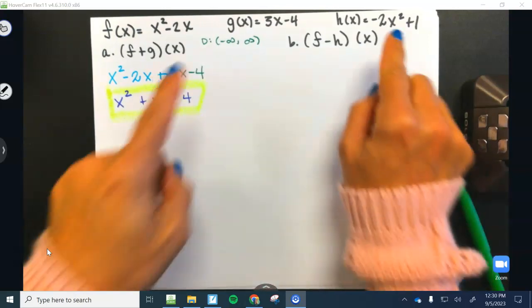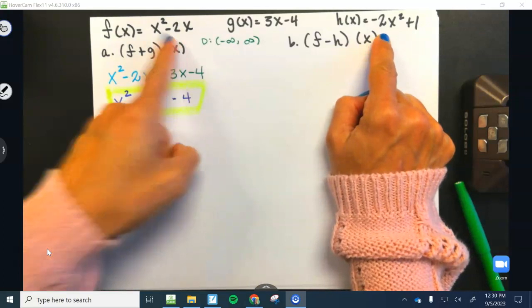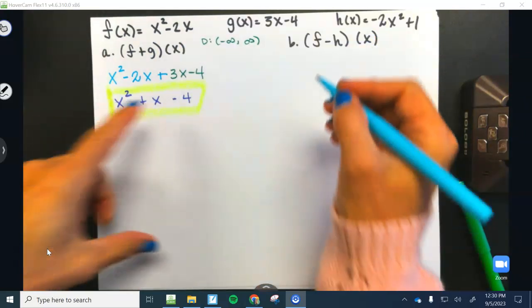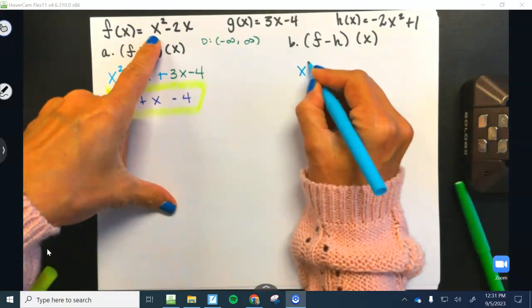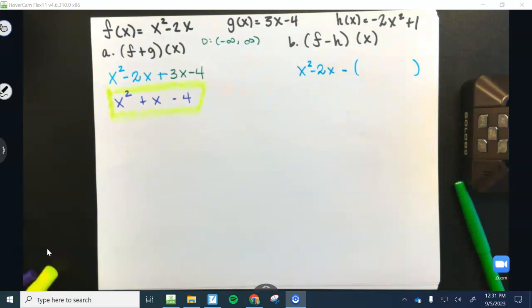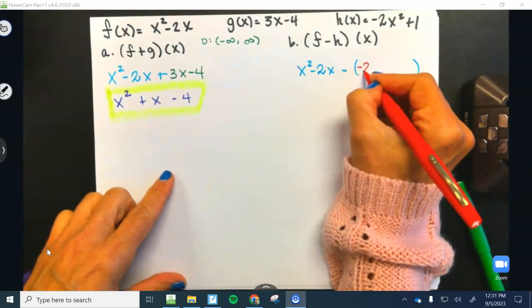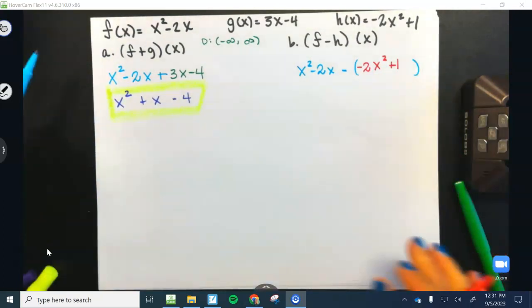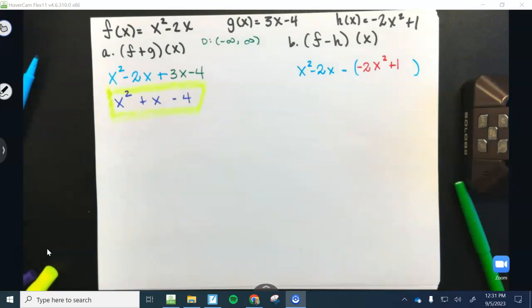All right, let's go ahead and subtract. We're going to subtract these two. So it is going to start out with f one more time. So x squared minus 2x minus, and then of course I'm going to drop h in the parentheses. And guys, remember, we are going to distribute a negative here.